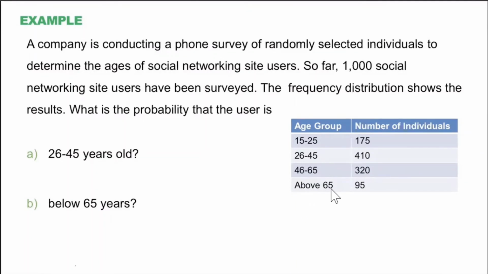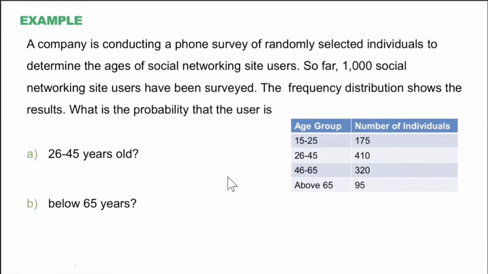And 65 and above, 95 of them use it. So here is that result. Now we have to use this information to answer this question. The question is, what is the probability that the user is 26 to 45 years old?